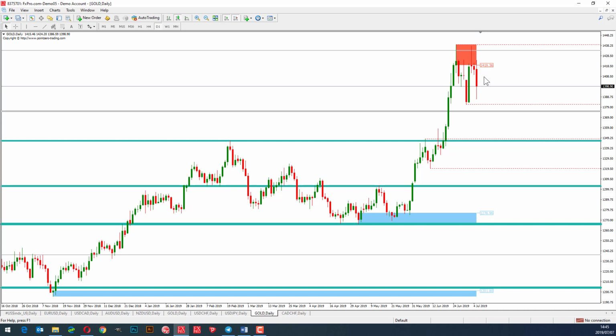In that case, we wait for price to test the 1438 price area for short trades. But at the moment, we are looking for these lows to be tested in the coming week, and during that phase we should dive down to lower time frames to look for long entries to the upside.